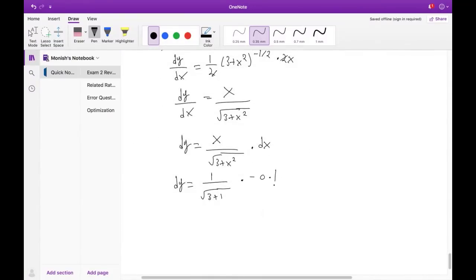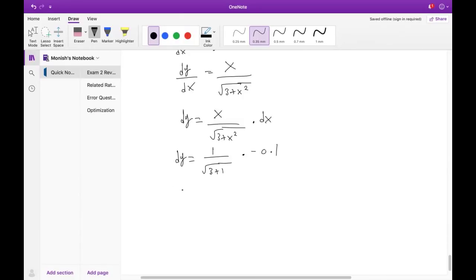So negative 0.1, I get dy is equal to negative 1 over 2 times 10. So I get negative 1 divided by 20. So that's something with differentials.